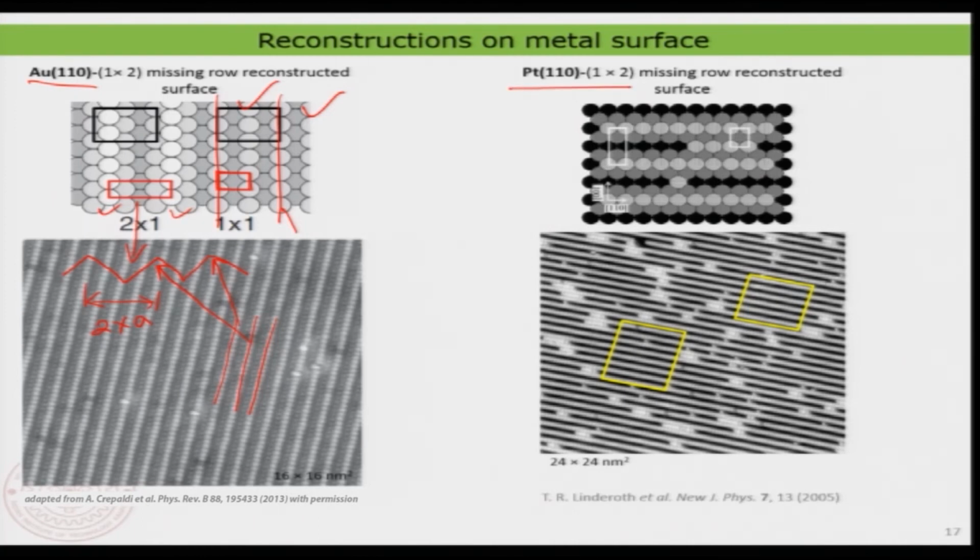Or you can look at a different example, the platinum 110 surface. That's also a face-centered cubic unit cell. There also you typically observe this kind of missing row reconstruction. This would be the most ideal 110 surface, but after reconstruction this is the unit cell, and that is why it is known as the 1/2 reconstruction. The region with the yellow mark is clearly completely reconstructed, but in between there are regions where atoms are not fully reconstructed, and some of the rows are still present.